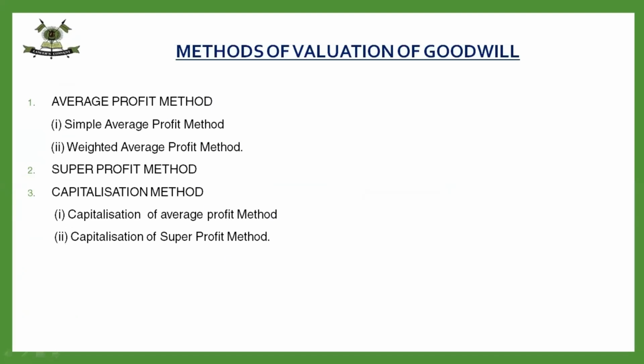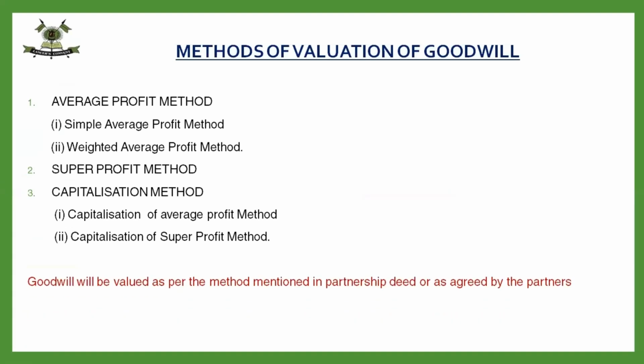For example, I give you that the goodwill is to be valued at twice the average profit or 2 times the sum of last year's profit. Fine. So whatever statement is given to you, you have to calculate the goodwill according to that. Or whatever method is given to you, you have to follow that for valuation of goodwill.